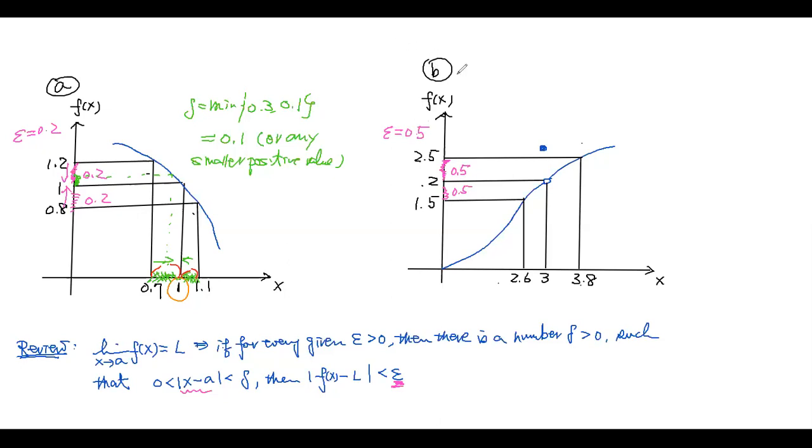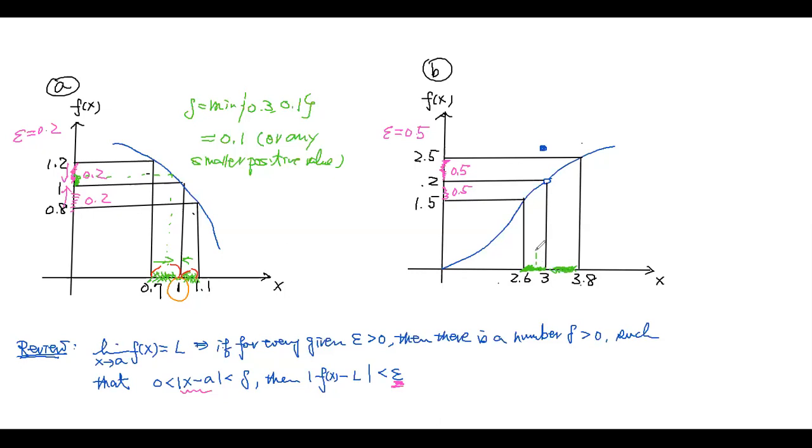So you ask, can I find the x values, or can I find the delta, to include this? By looking at this graph, yes, as long as x is inside this interval, I can always find the limits getting closer to 2, less than 0.5.